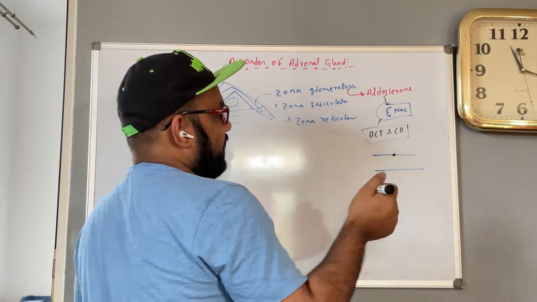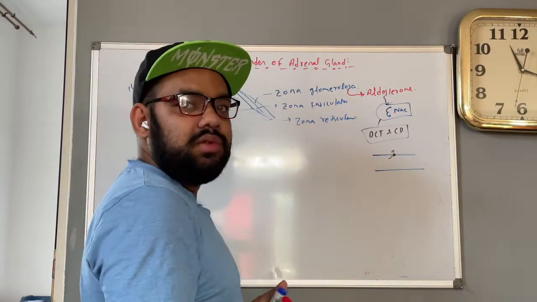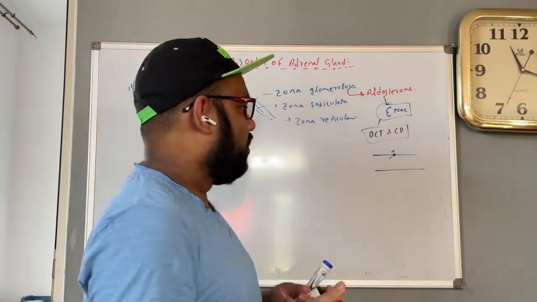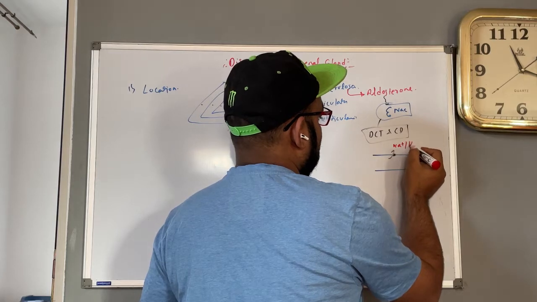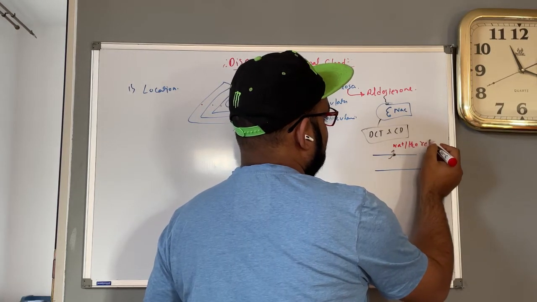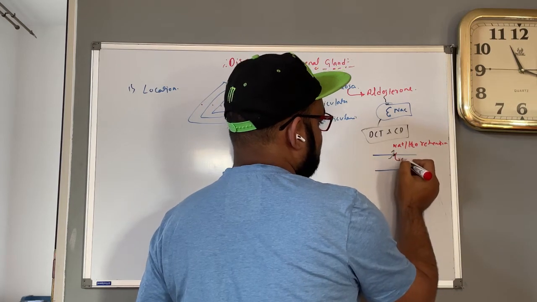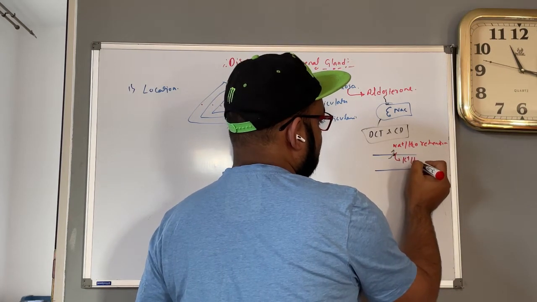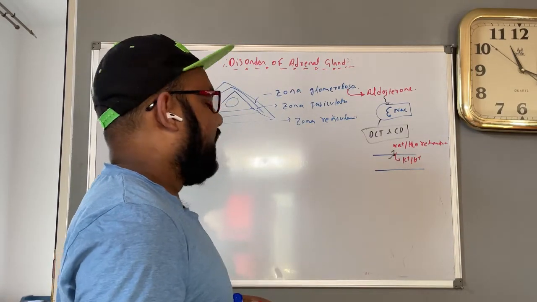It will activate this channel. As a result, we will get the retention of sodium and water molecules, and along with that we will also get the excretion of potassium and protons, or rather hydrogen ions. So this is the main function of aldosterone.